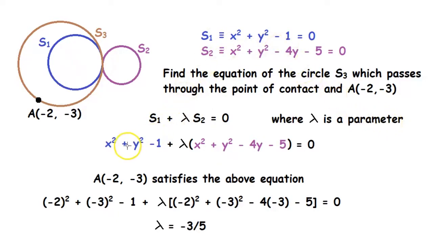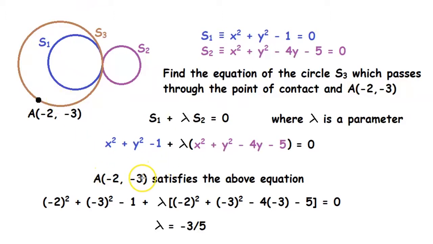So that would give us x squared plus y squared minus 1 plus lambda into (x squared plus y squared minus 4y minus 5) equals 0. Now we need to find the lambda value of S3. To do this, we have to make use of the only other information given to us about S3. It is told that the circle S3 passes through the point A(-2, -3).